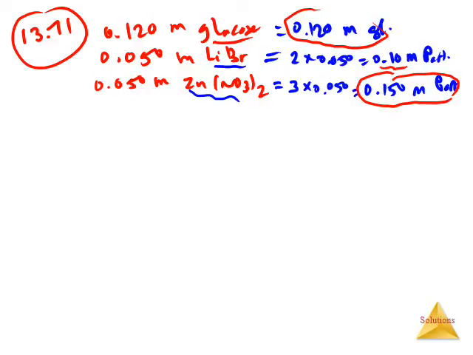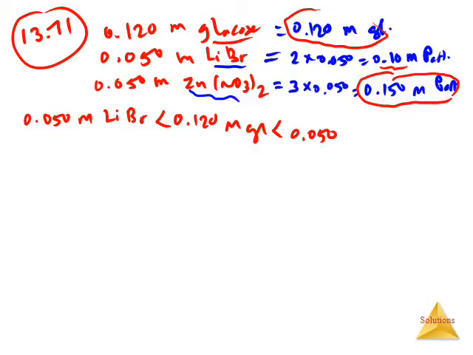So let's now organize in increasing order, as this question is asking for. 0.050 molal lithium bromide less than 0.120 molal glucose less than 0.050 molal zinc nitrate.